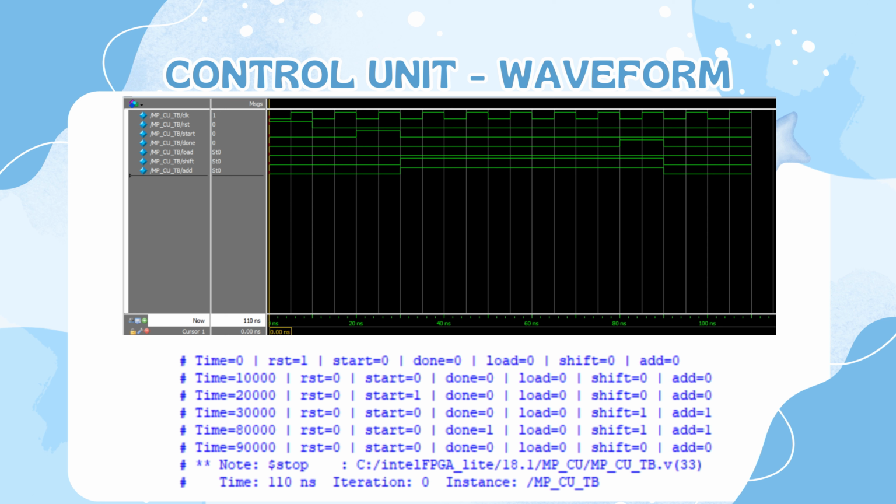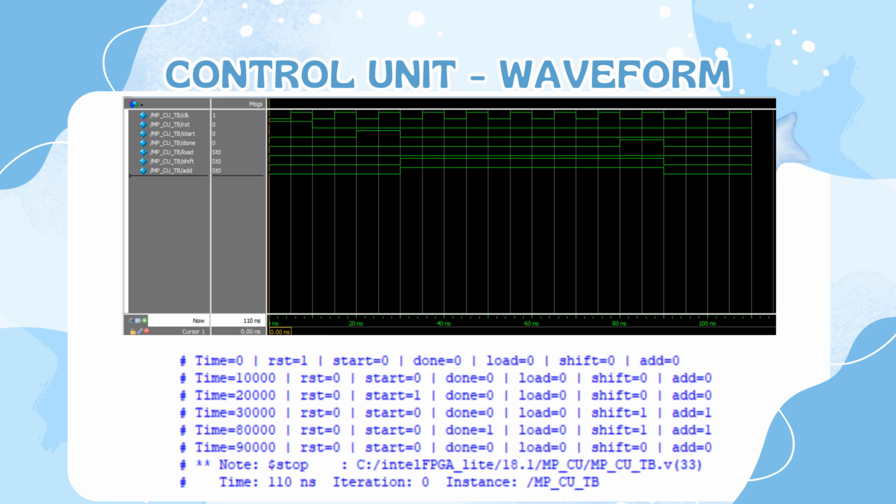Control signals load, shift and add. Initially, all control signals load, shift and add are in state 0 around 40 nanoseconds. The shift signal changes, indicating a shift operation. Later around 70 nanoseconds, the add signal transitions, meaning an addition operation is taking place.